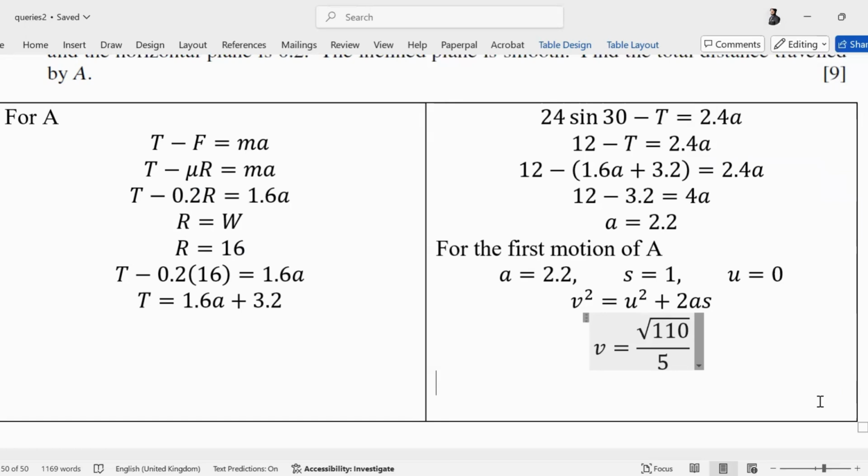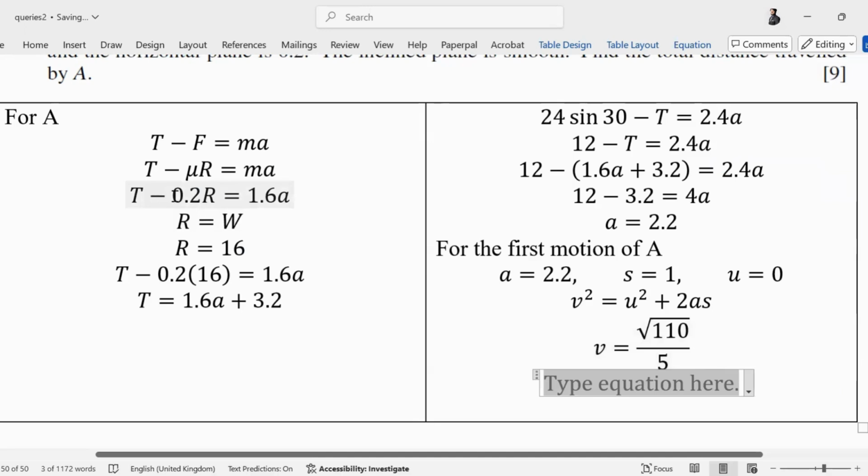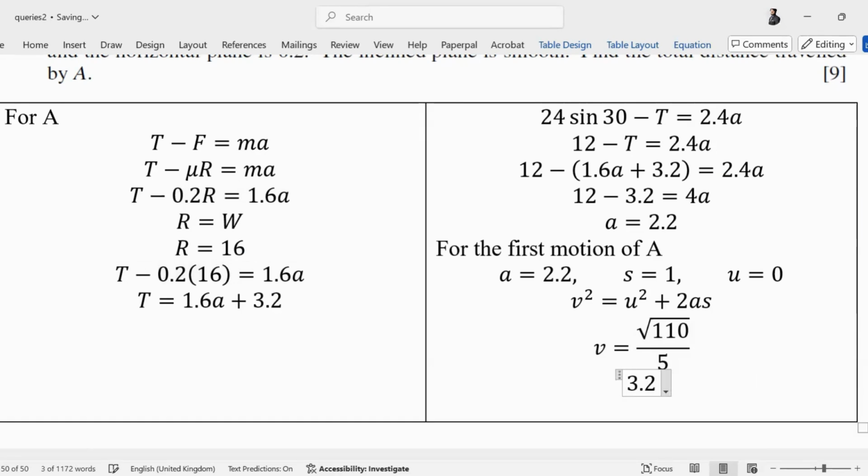Is that right? So now for this motion, I do not know the acceleration, but I do know that friction is 0.2 into this. So this is the friction, 3.2, and this is the only force acting. Mass is 1.6, so 3.2 equals 1.6a.